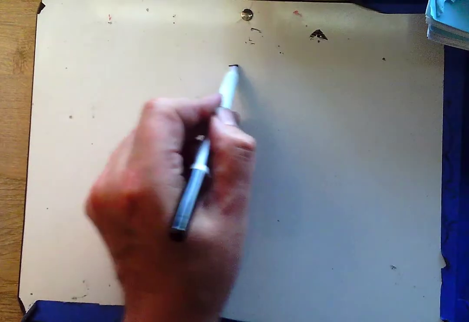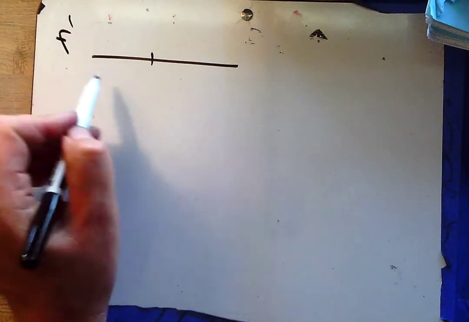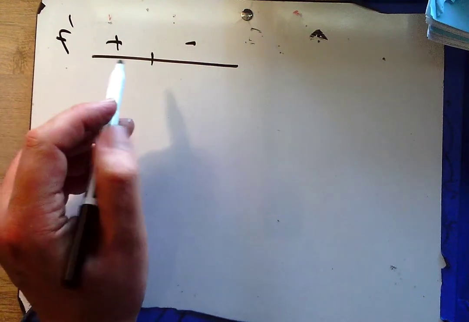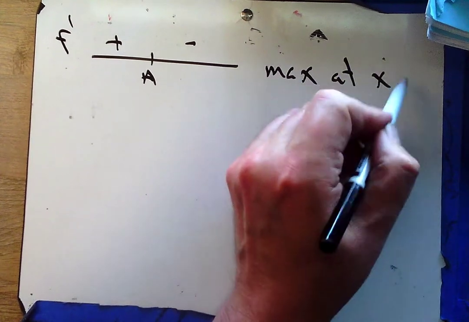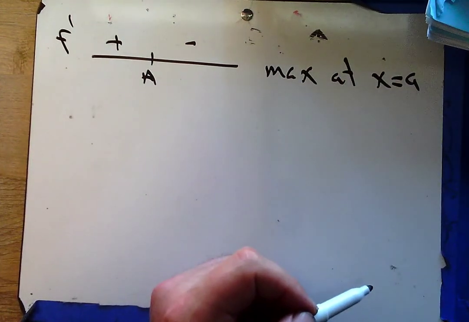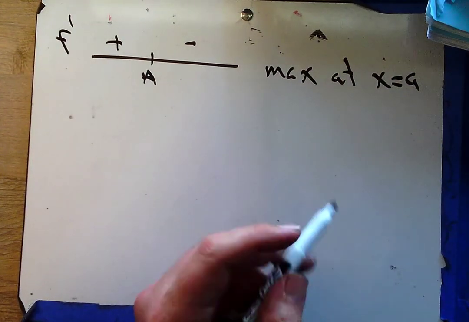Well, remember, if your f prime sign chart goes positive to negative, then you have a max at x equals a. Do you need the justification sentence for that?